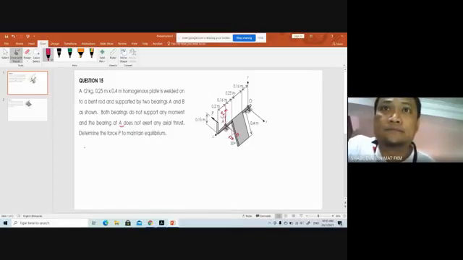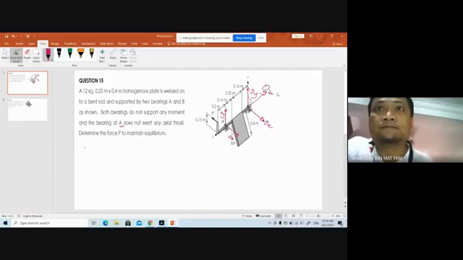But be careful: at point O you must have three forces, OX, OY, and OZ.